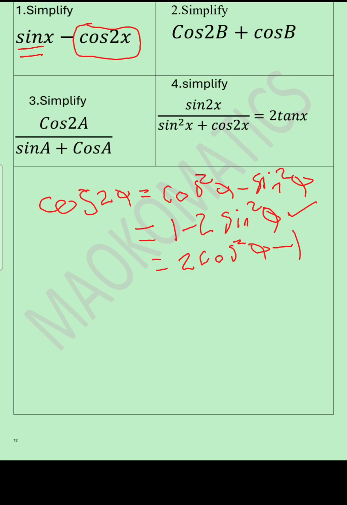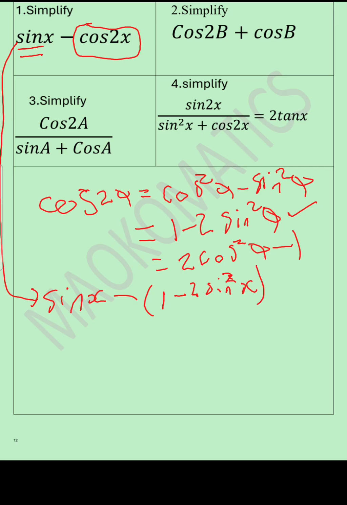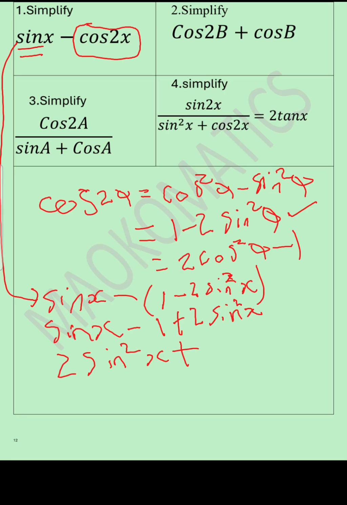So when it simplifies, this now will become sine x minus (1 minus 2 sine squared x), then this is sine x minus 1 plus 2 sine squared x, which you can also put as 2 sine squared x plus sine x minus 1.